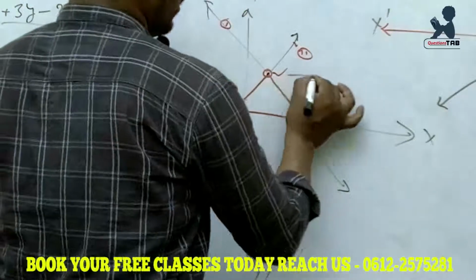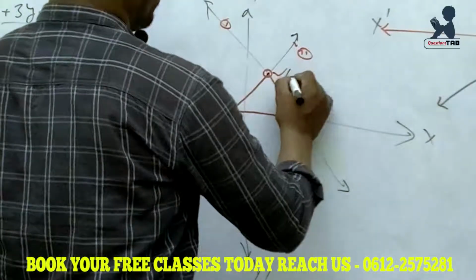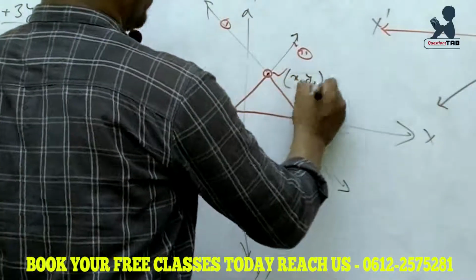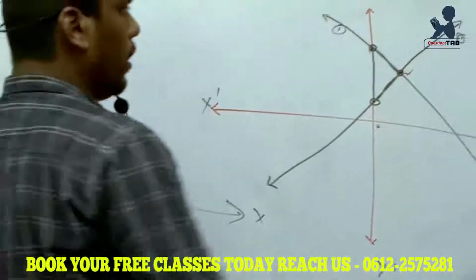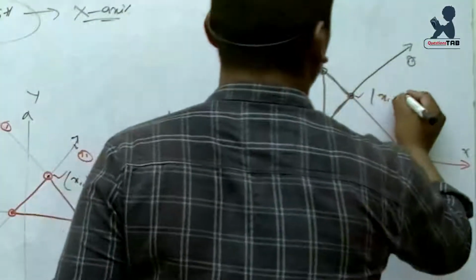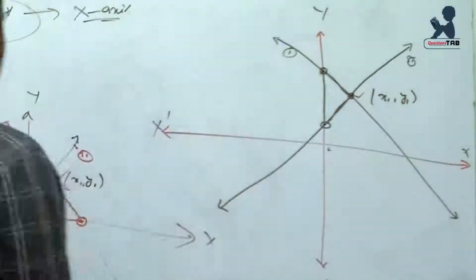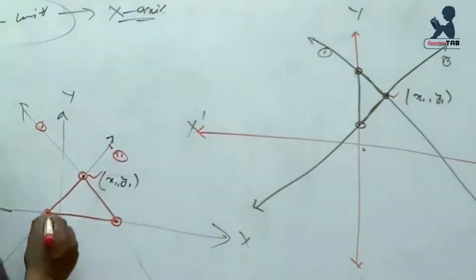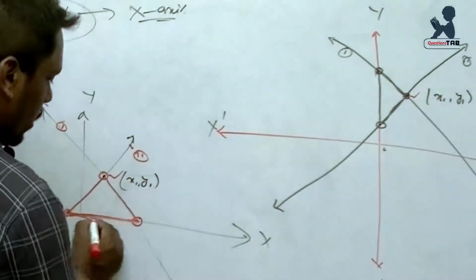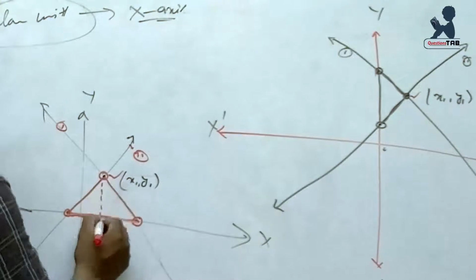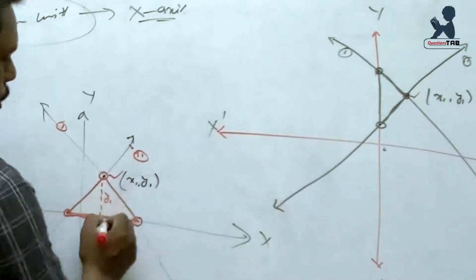Here in this scenario, if the points are x1 and y1, and here x1 and y1, our base is this and the height is nothing but y1.